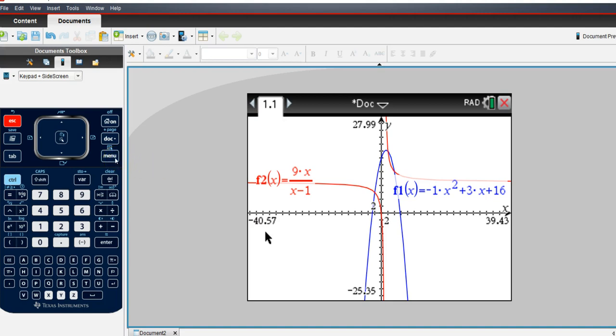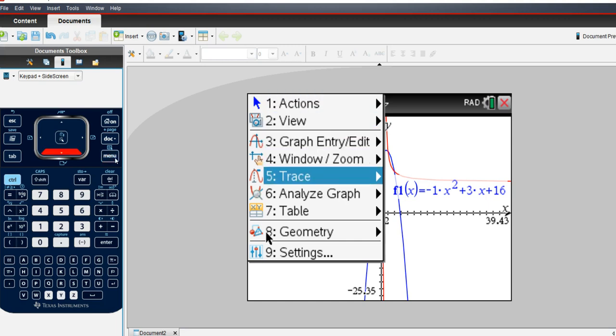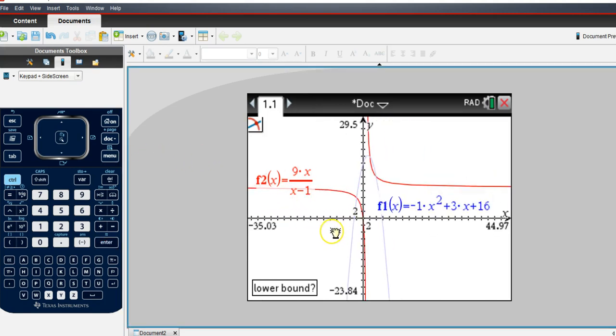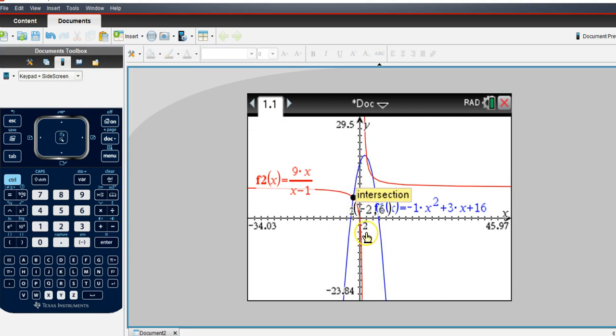Then to find your intersections, kind of the same thing as we've been doing. Menu, analyze graph, intersection points. Okay? And it's to the left and to the right. So I only care about the x value because that's what we're solving for.